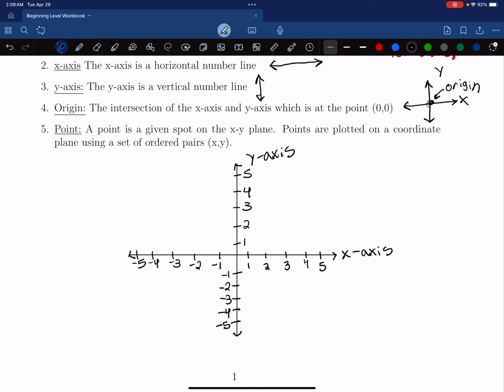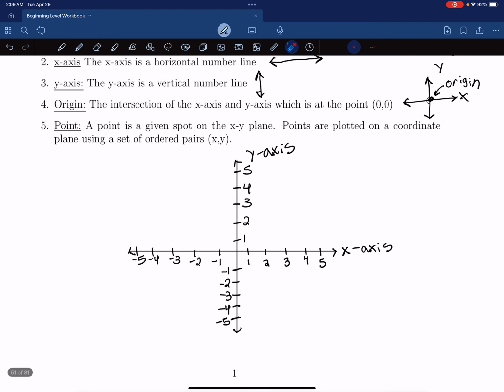So we got both our axes drawn out now. We have all of our tick marks. I didn't have that as a definition, but this here is a tick mark, this is a tick mark, this is a tick mark, and it goes on forever.